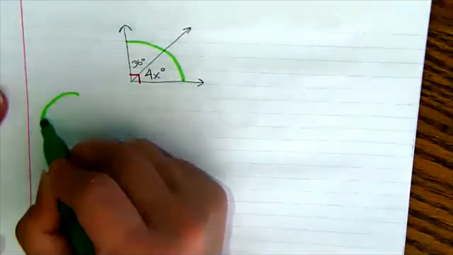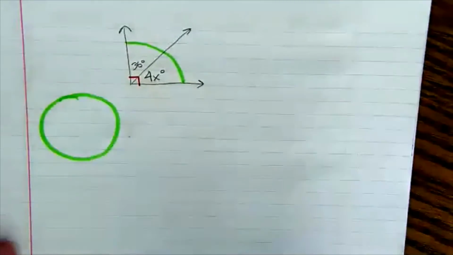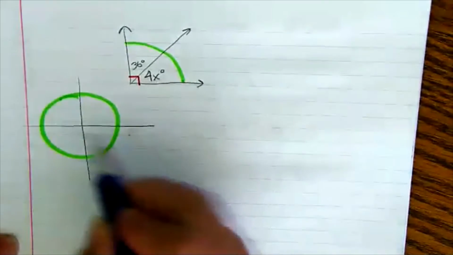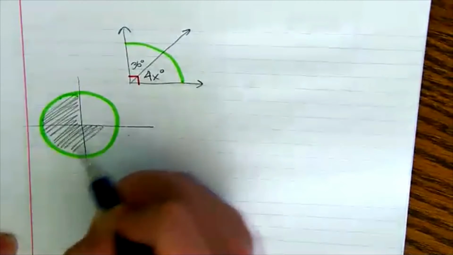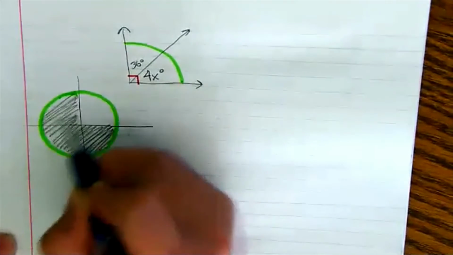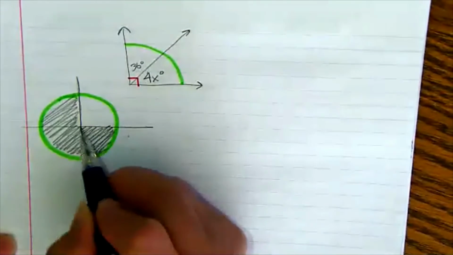And how do we know that? Well, if we have a circle and we divide that circle into 4, we're only dealing with this part right here.